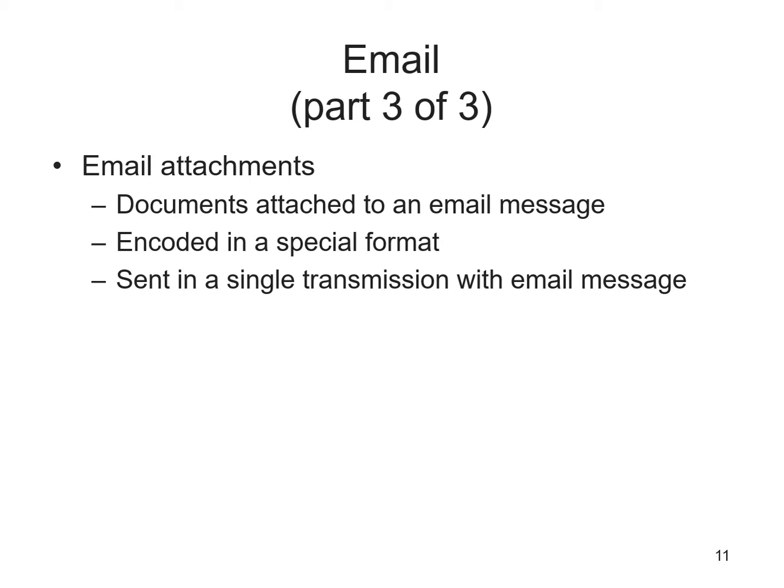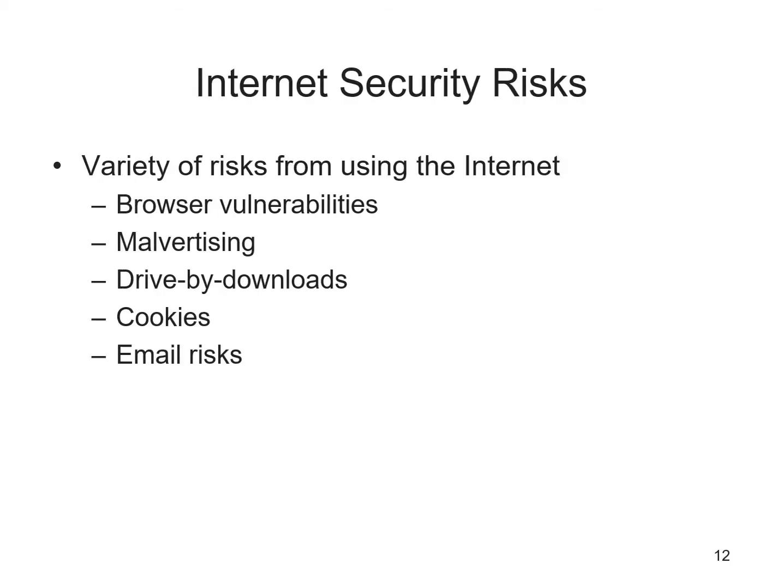There is an option in emails where we can send different attachments, documents encoded in a special format. It can be sent as a compressed file or directly as a PDF, Word, Excel sheet, or PowerPoint file in a single transmission with an email.